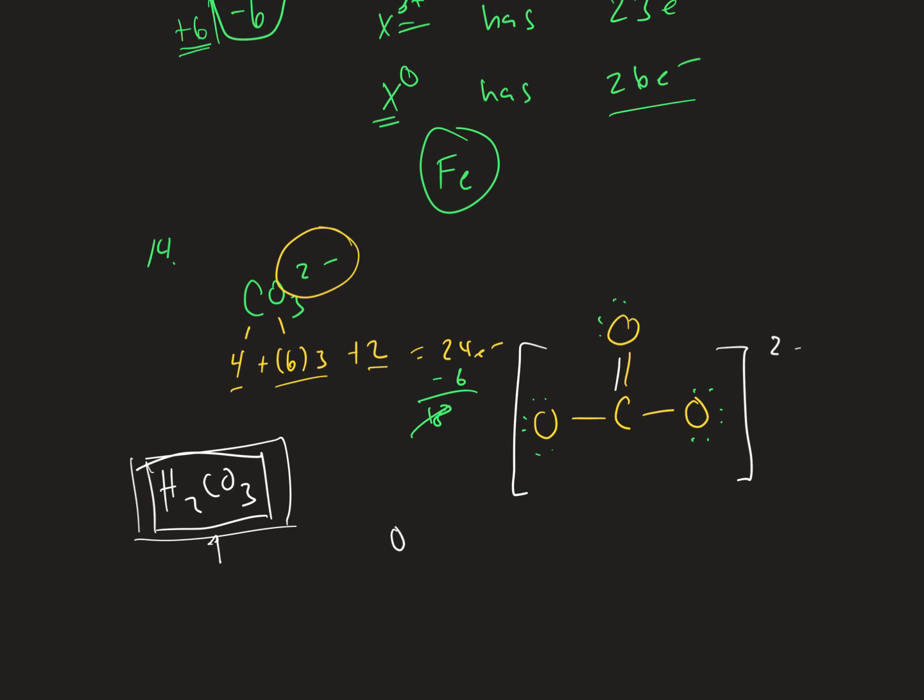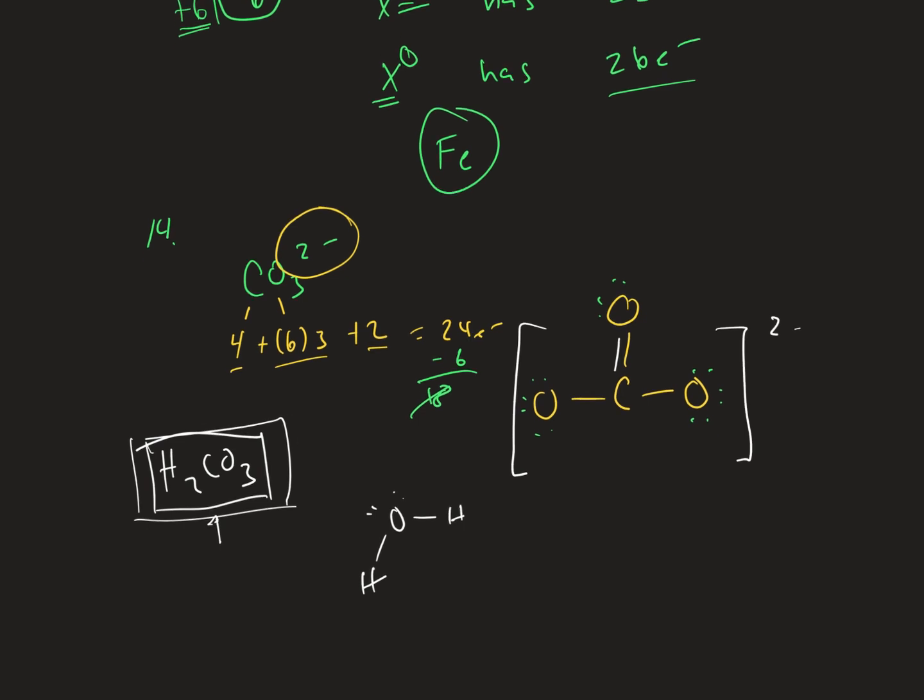So if we have water, water has 2 covalent bonds. But for this one right here, you don't have to know this, guys, but you know how this is a -2 charge? This one's minus and this one's minus, and that's where the hydrogens are in this compound. Because the hydrogens are plus, they're ionically attracted. So this right here is an ionic bond, and the rest of them are covalent bonds.